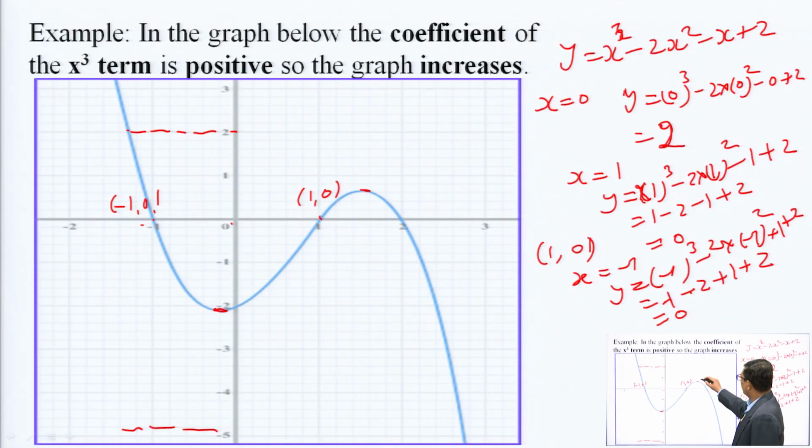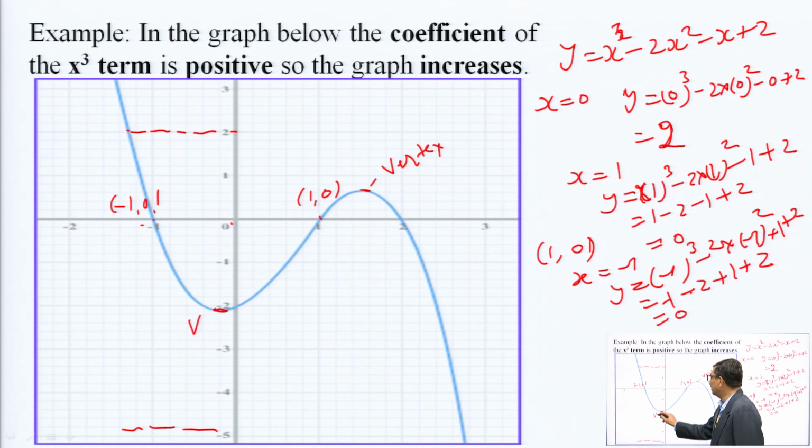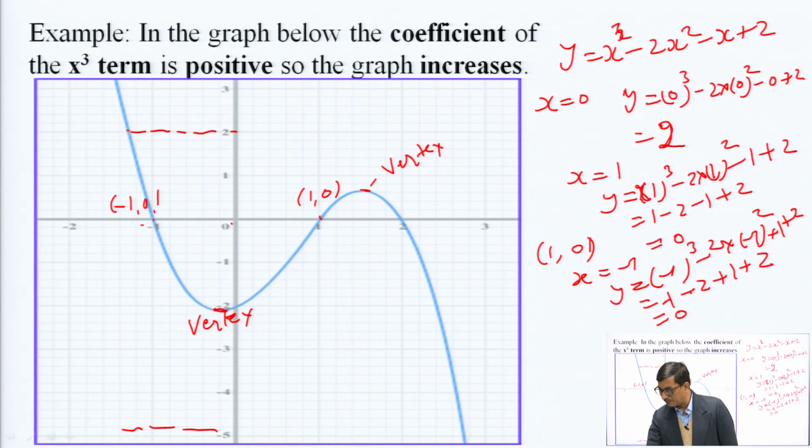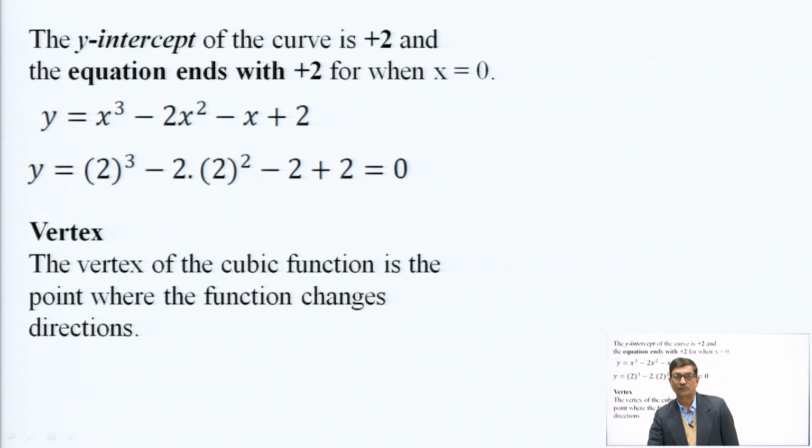So, these are the vertices of this cubic plot. The y intercept for this graph is plus 2, and if we put x equal to 2, then y equal to 2 cube minus 2 into 2 square minus 2 plus 2, and it will be equal to 0. So, the equation ends with plus 2 for x equal to 0.